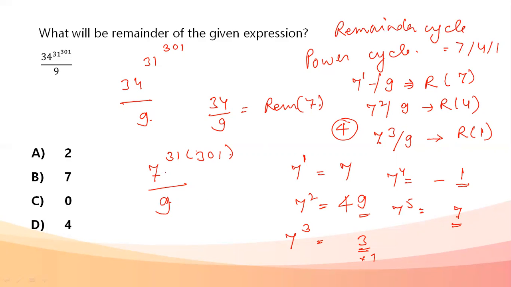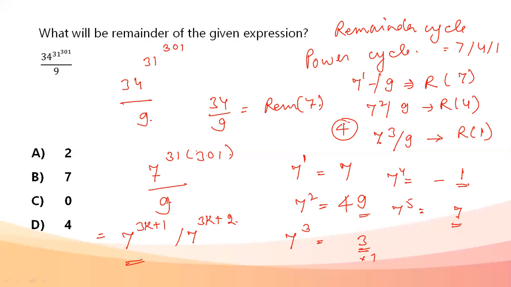The number given to us is 7 raised to power 31 into 301. So the remainder cycle is of the format of whether it is 7 raised to power 3k plus 1 or 7 raised to power 3k plus 2. We need to find out. So the number we have is of the format of 7 raised to power 3k plus 1.